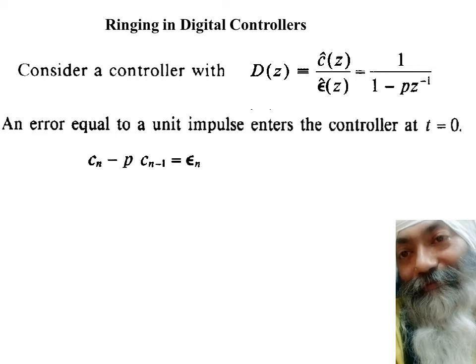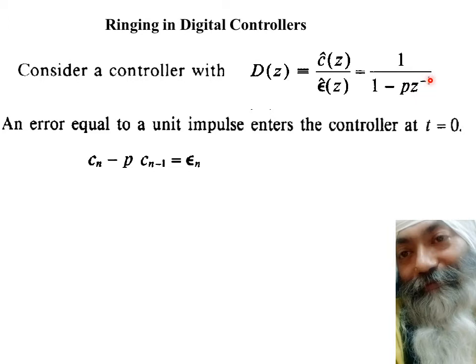So friends, for the output of the controller as given by this equation, you simply have to cross multiply. So C(z) will be multiplied by 1, and when I take the inverse, this will become C[n], as simple as that. Then minus p C(z) is getting multiplied by z to the power minus 1.